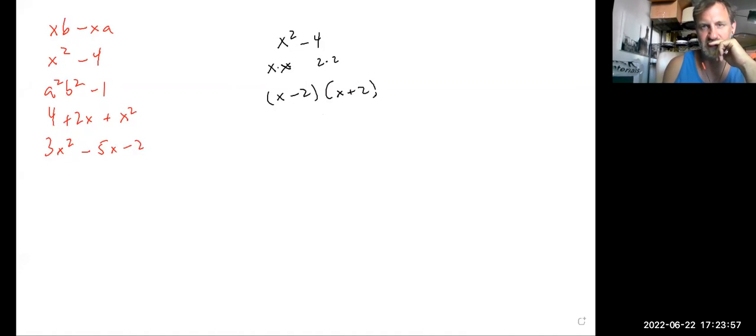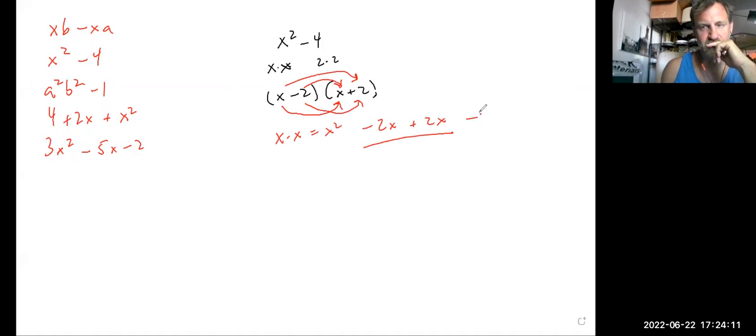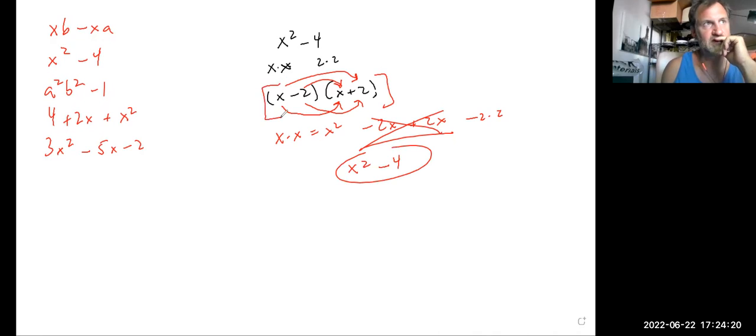So if we look at this, you get x times x, that's x squared. You get minus 2x and plus 2x. And then you get the minus 2 times plus 2. So the middle term goes away and you end up with x squared minus 4. So this can be factored into (x - 2)(x + 2).